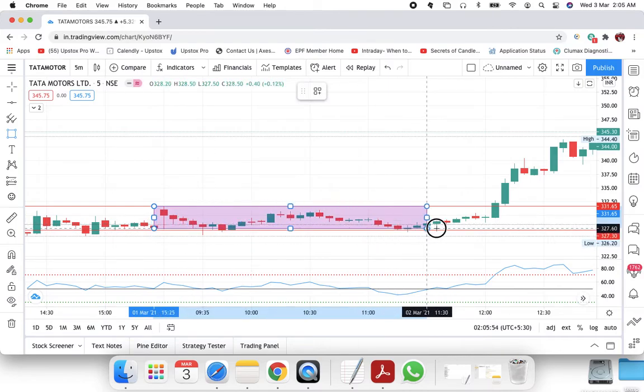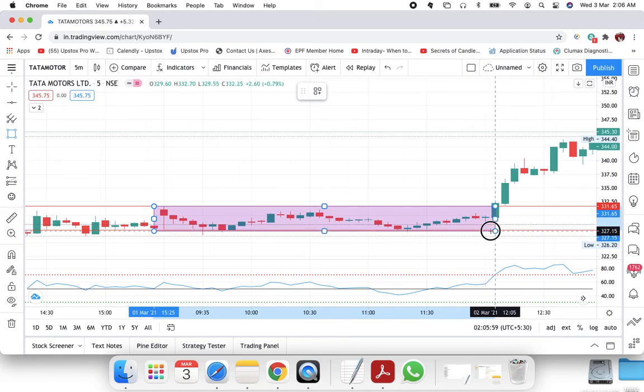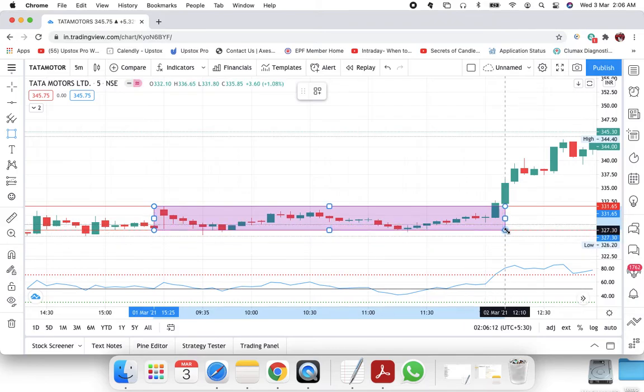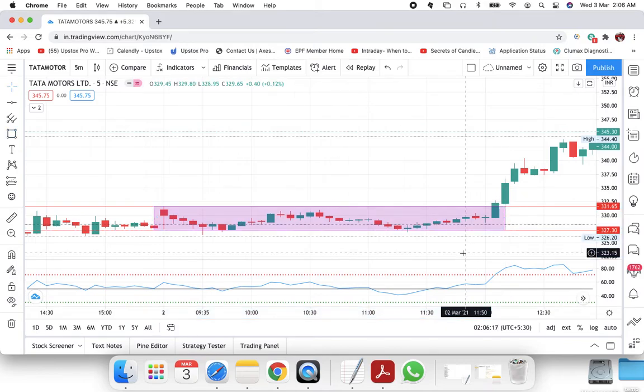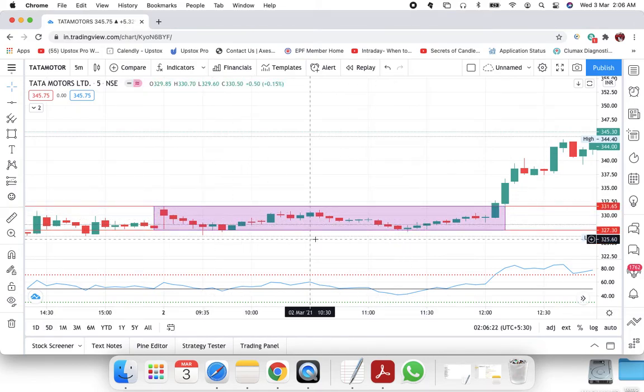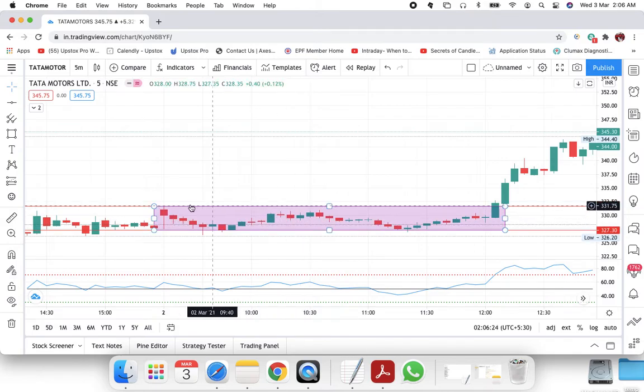See this triangle, till this point. If you see this purple rectangle, the price is traveling in between this range.